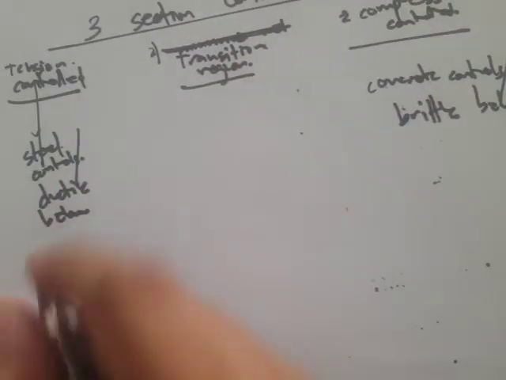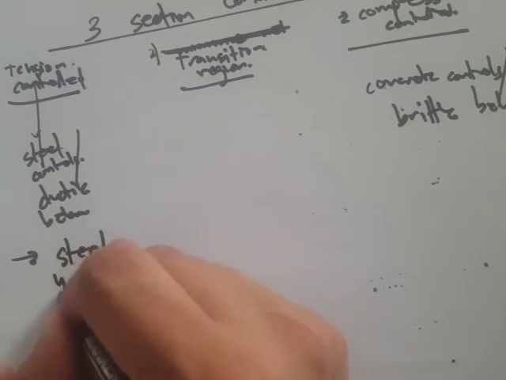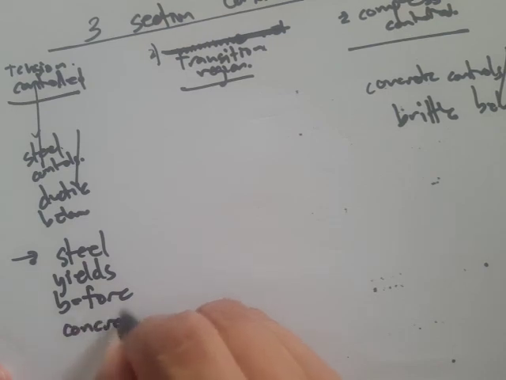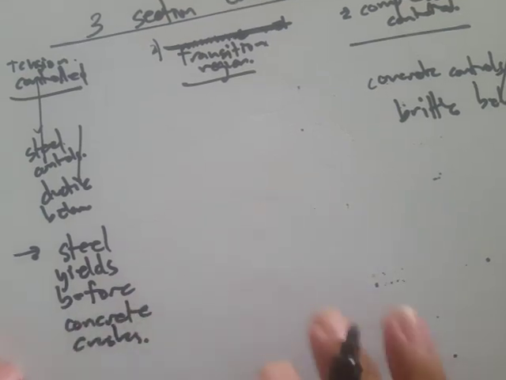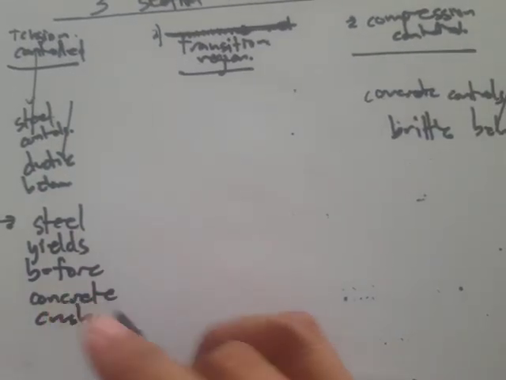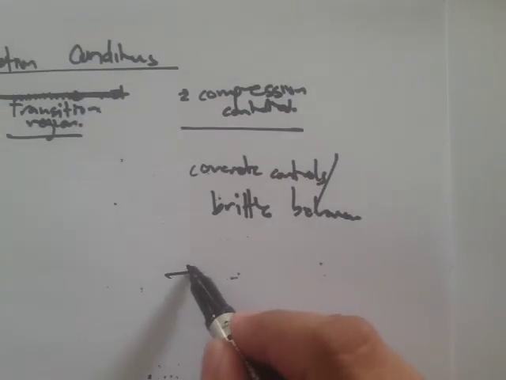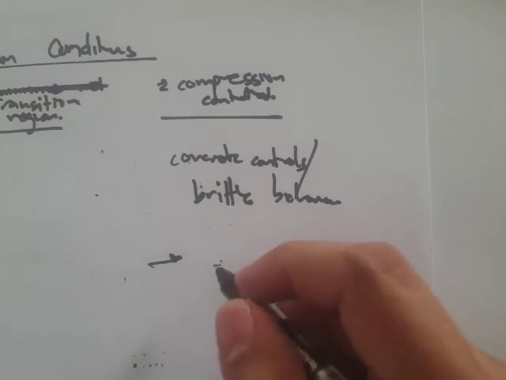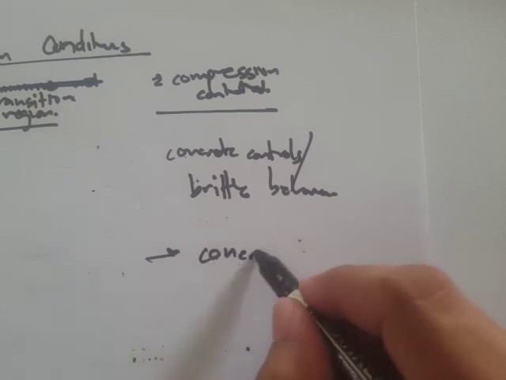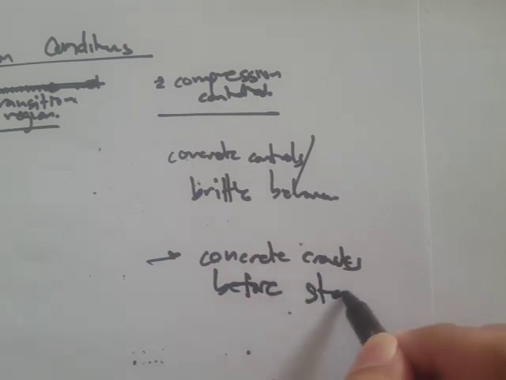For tension controlled, we can say that steel yields before concrete crushes. That's why it's going to be ductile behavior. Steel reaches its limit before concrete. For compression controlled, concrete cracks before steel yields.